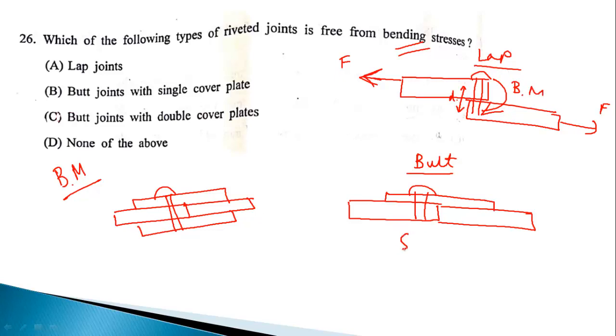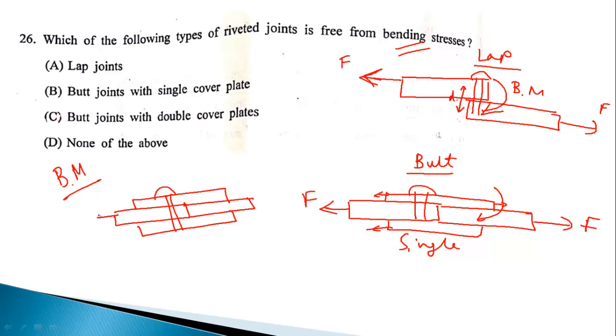Now the butt joint, it is single cover. Though the two forces are in the same plane, due to these two forces some force may be generated in this cover plate also. There is no extra cover plate at the bottom to counter this force, so a couple may generate in the single cover.